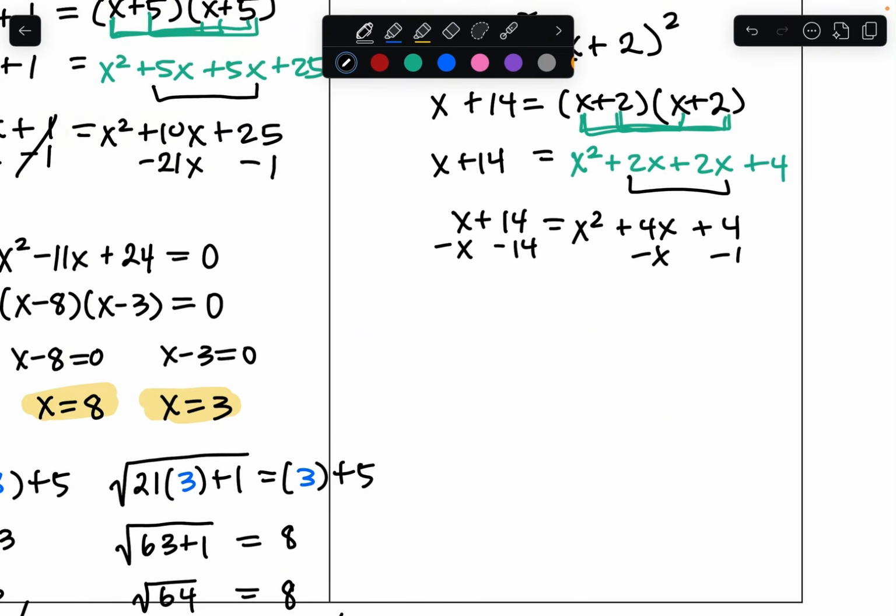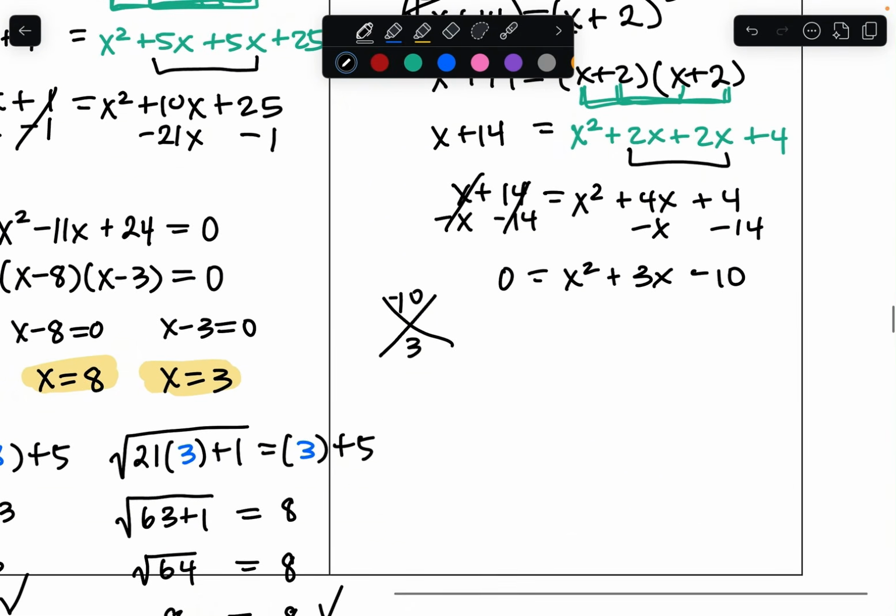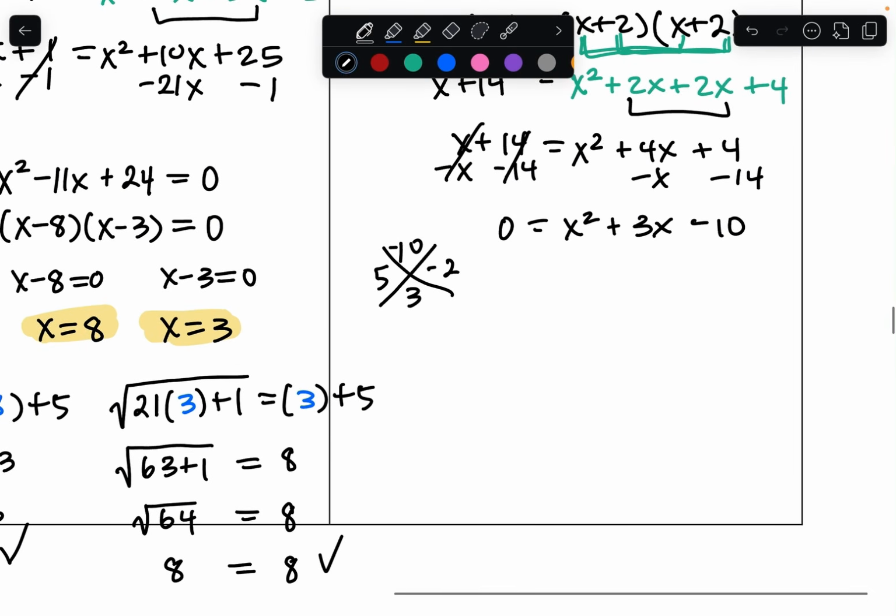So now we have x squared plus 3x plus 10. So now we need two numbers that multiply to 10 but add to 3. Oh, just kidding, that's negative 10. So two numbers that multiply to negative 10 are positive 5 and negative 2, and those would still add to positive 3.